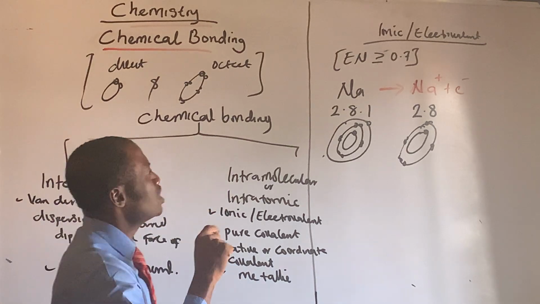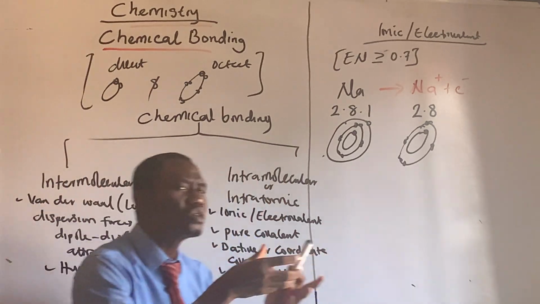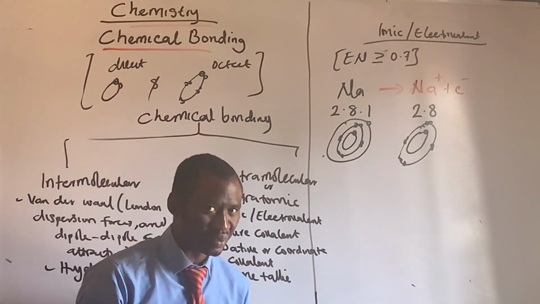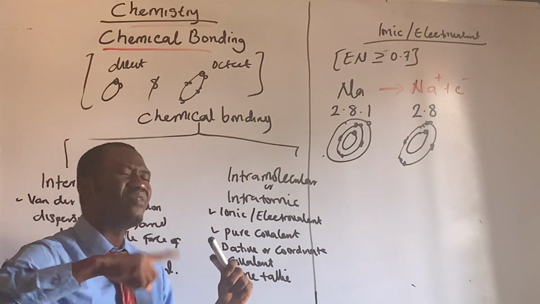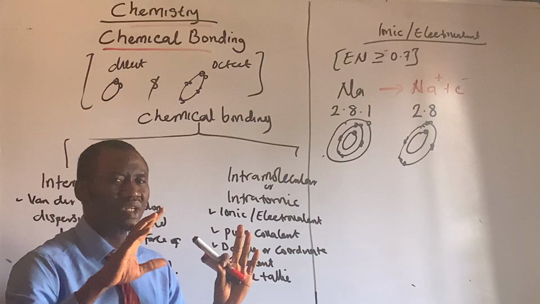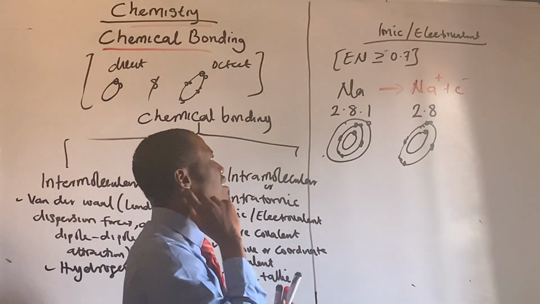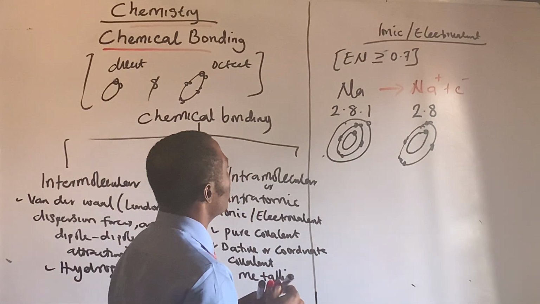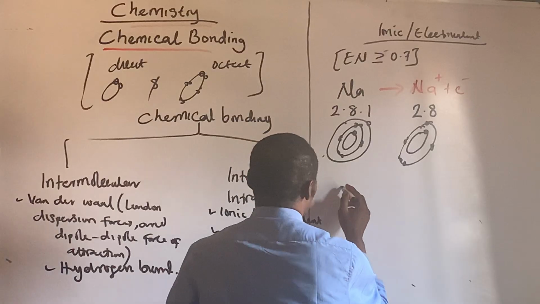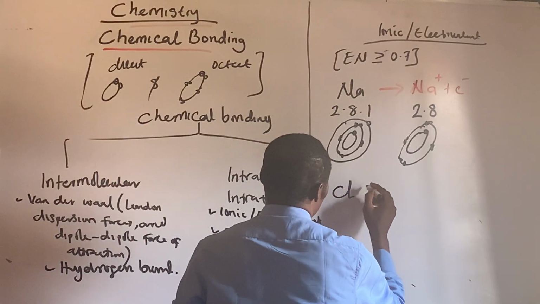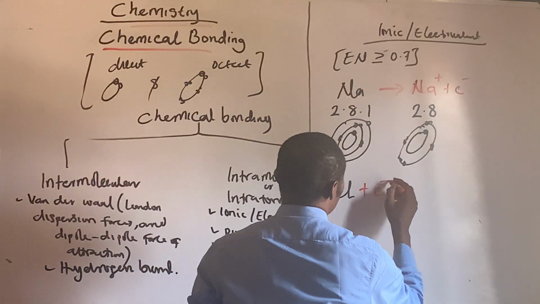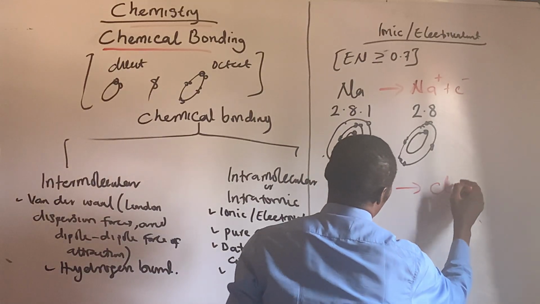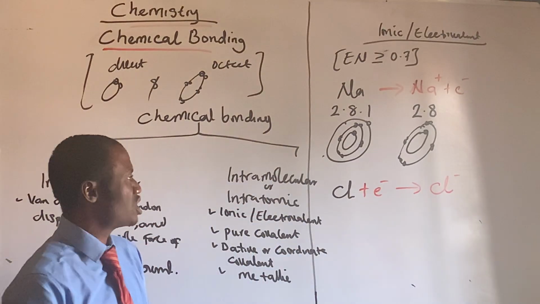But another element has to receive that electron, and when it receives that electron, it also will have an octet configuration in its outermost shell. So let's take chlorine. Chlorine receives the electron and becomes a negatively charged chlorine.